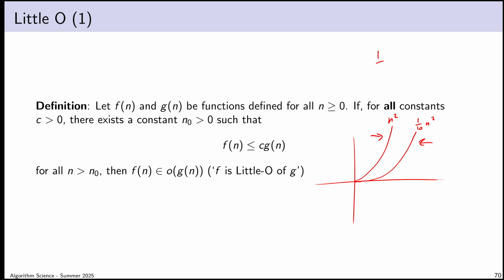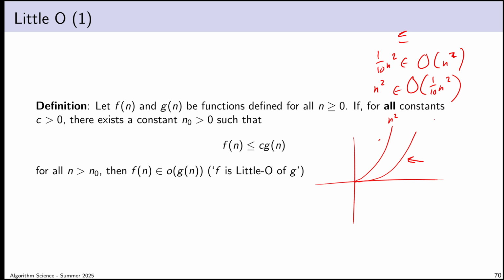It's true that 1 over 10 n squared is big O of n squared, and it's also true that n squared is big O of 1 over 10 n squared. And that makes sense because this is the asymptotic less than or equal to sign. And so there is a constant I could multiply this by that would make it bigger than n squared eventually. Like if I multiply it by 100, then 10n squared is bigger than n squared.